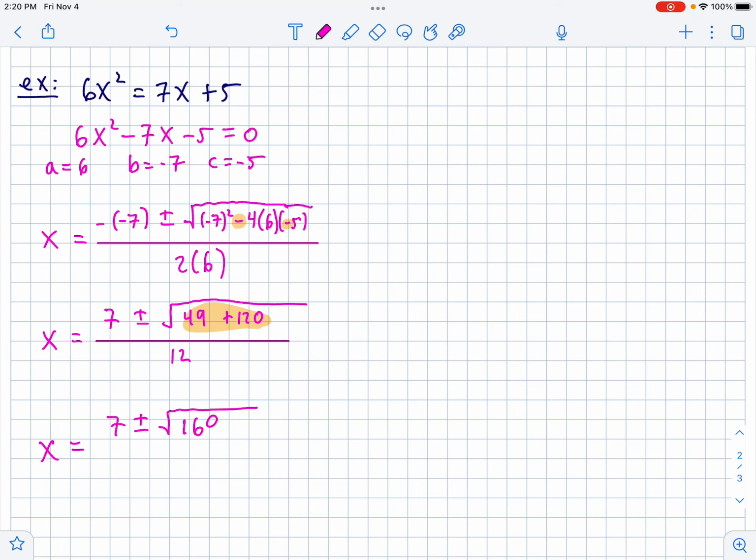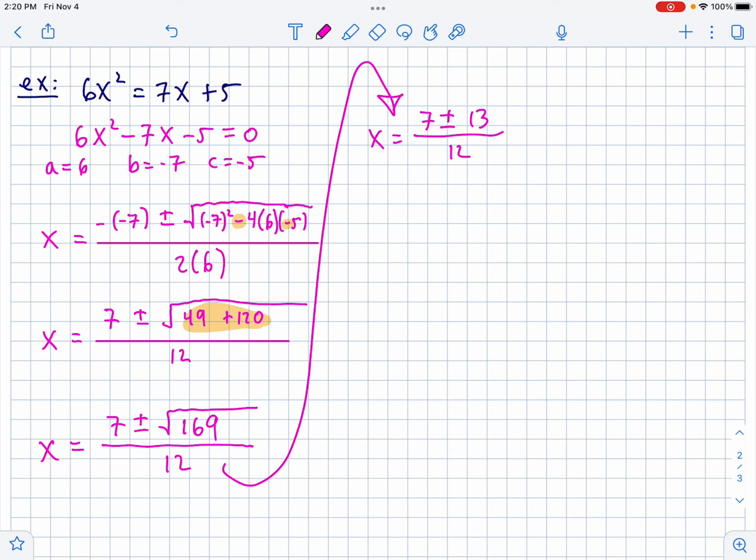And this is 7 plus or minus 169. That number should sound familiar because I think it's a perfect square. In fact, it is. It's 13 squared. So back up to the top here. That's nice because it's a nice perfect square root, which means we're going to get 7 plus or minus 13 all over 12.